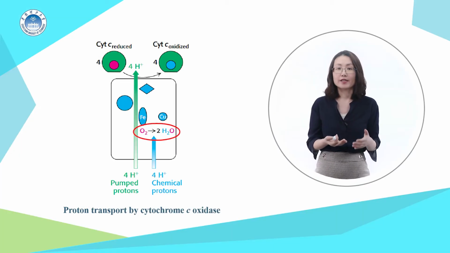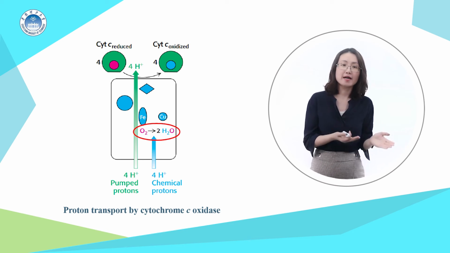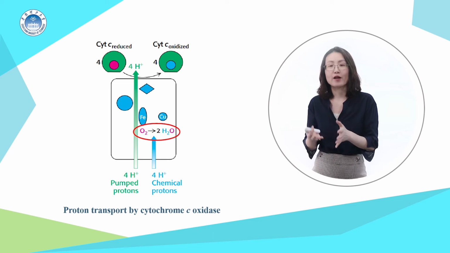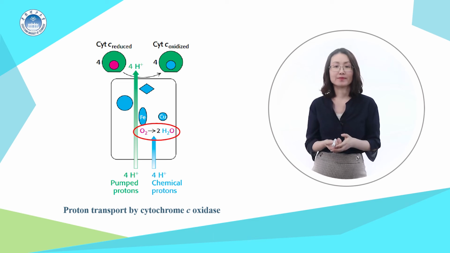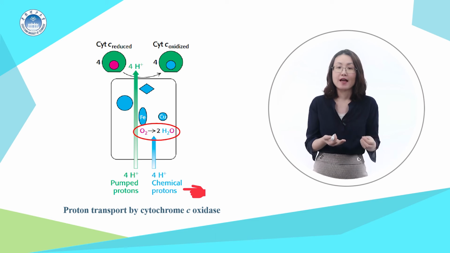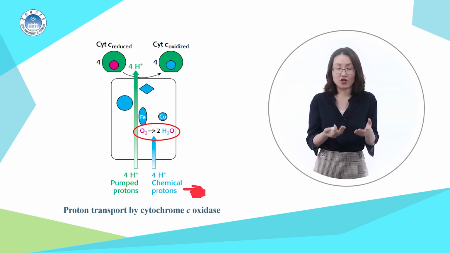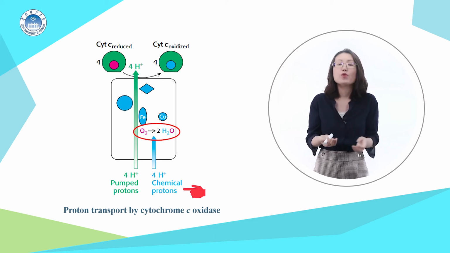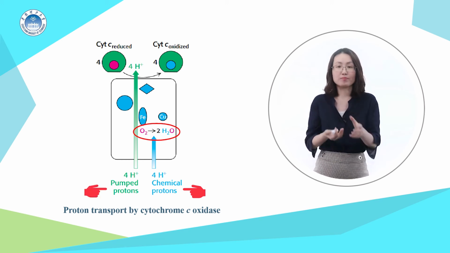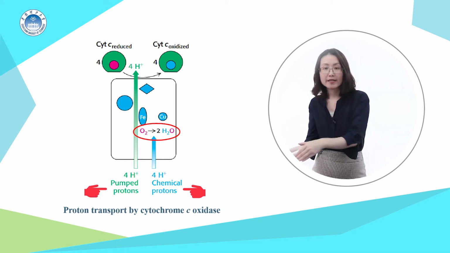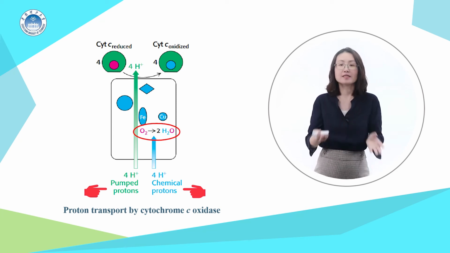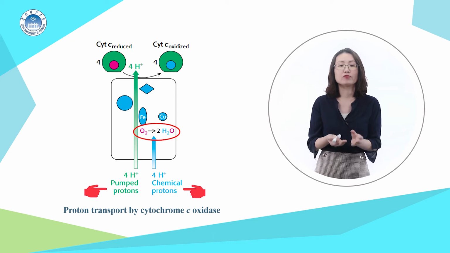4 protons are taken up from the matrix side to reduce 1 molecule of oxygen to 2 molecules of water. These protons are called chemical protons because they participate in a well-defined reaction with oxygen. 4 additional pumped protons are transported out of the matrix and released on the cytoplasmic side in the course of the reaction.